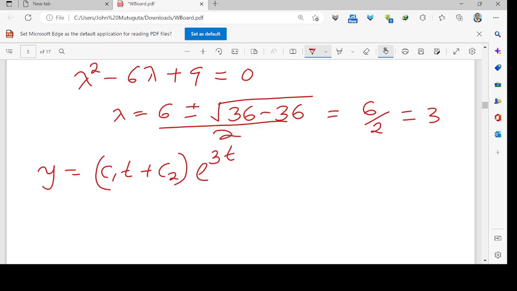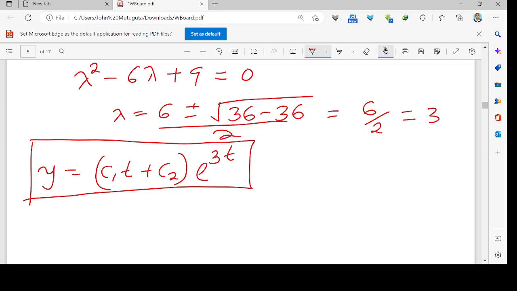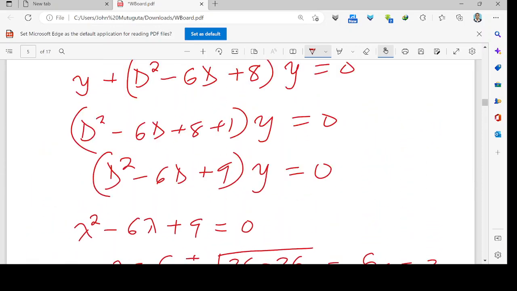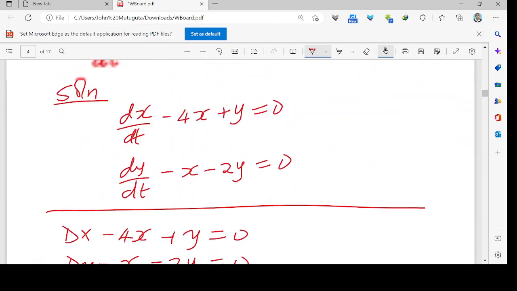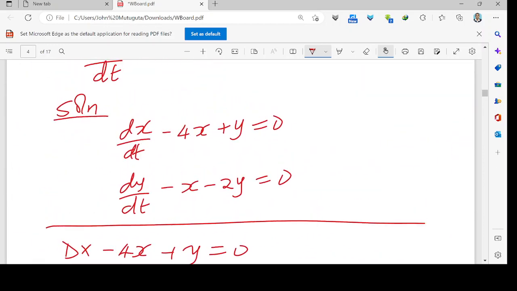Now we want to get x. So how can we get x when we have y? If we go back to our system and look at the second equation, we see that it is possible to make x the subject because x appears only in one term here.